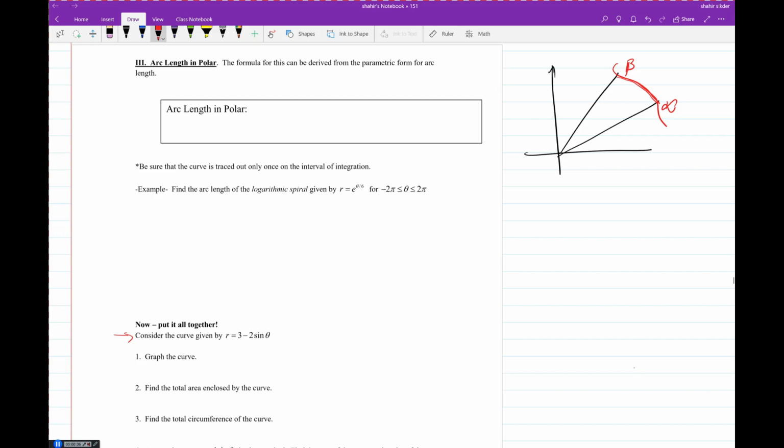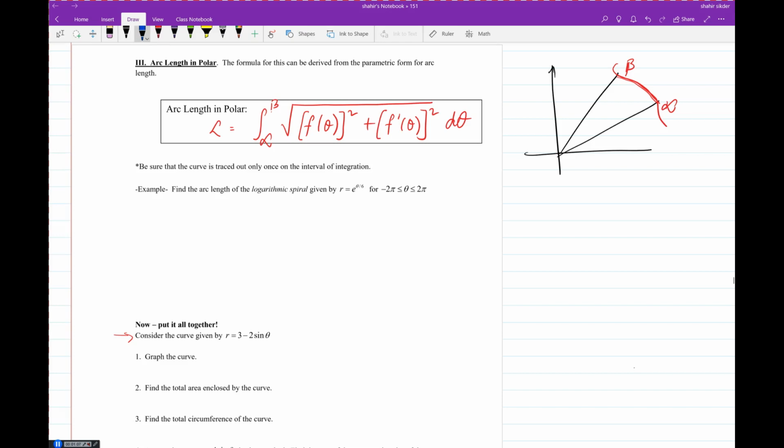It can be derived the same way we derived our parametric and rectangular arc length equations. So here's our formula: arc length L equals the integral from alpha to beta, where alpha and beta are angles, and remember we're in our polar system, so it's f of theta, the quantity getting squared, plus f prime of theta, the quantity getting squared, d theta.